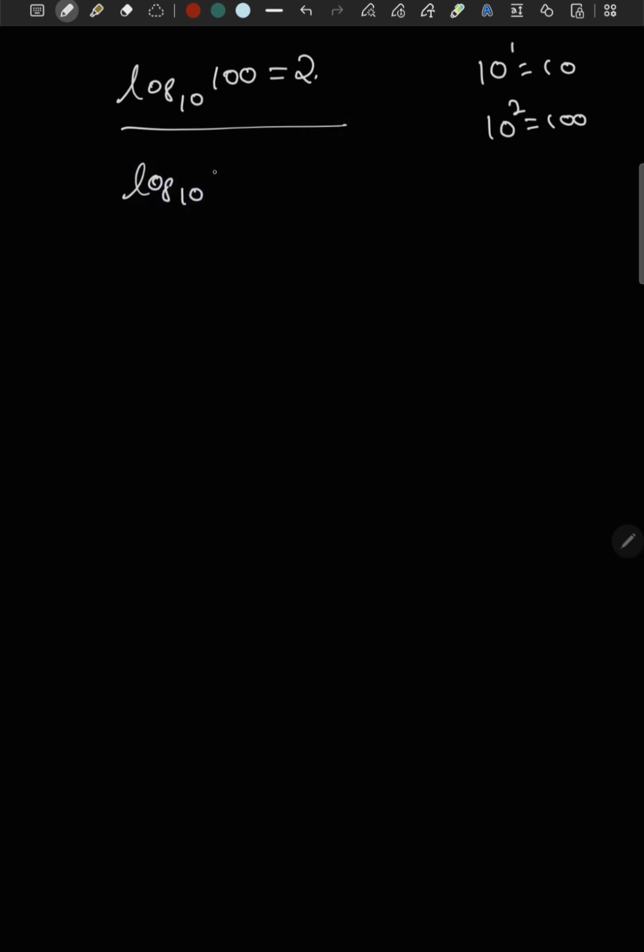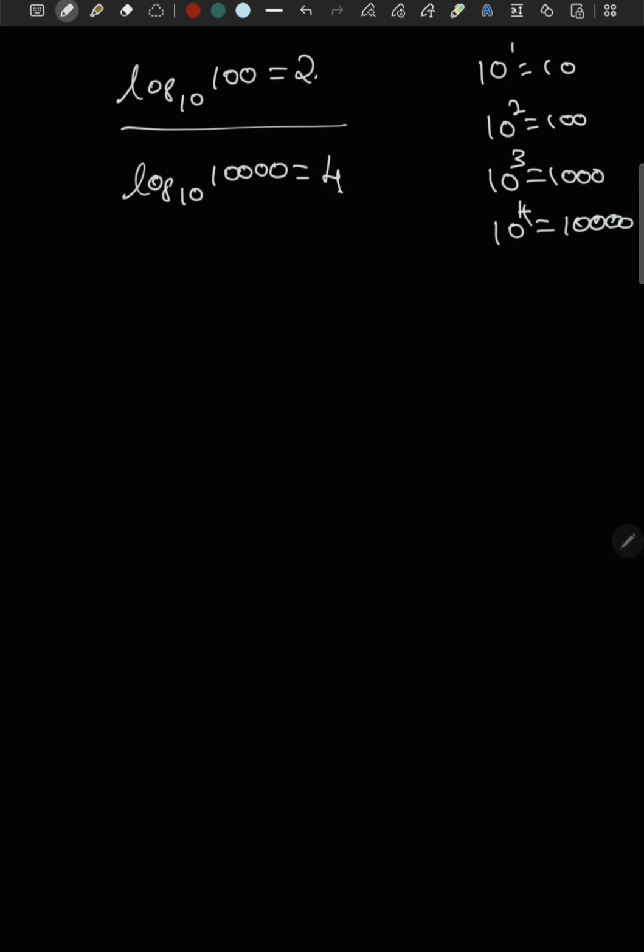Similarly, we'll have one more example. Log base 10 of 100. We know, right? 10 power 1 equal to 10, 10 power 2 equal to 100. And the value is 2. Similarly, if we take log base 10 of this value, 10 power 3 equal to 1000, 1000 into 10 is 10,000.